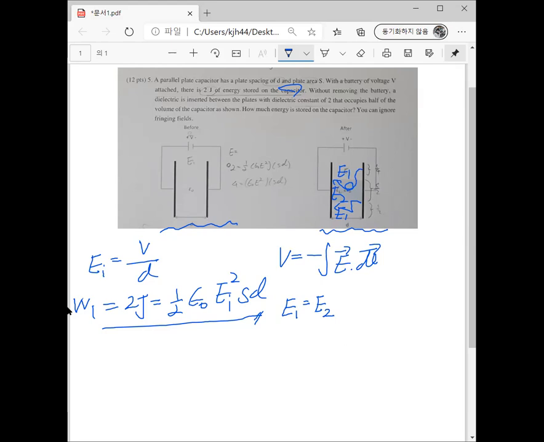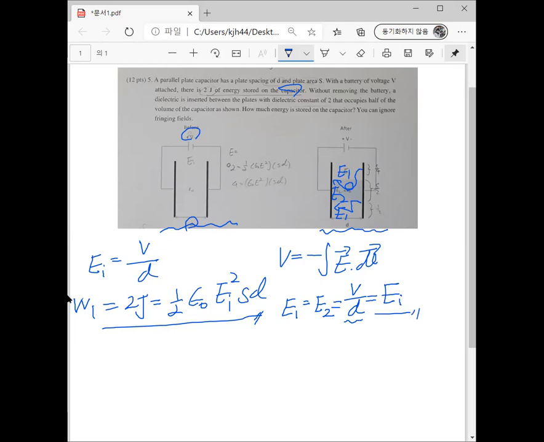And this value is voltage drop divided by the distance between the plates, because it's the general formula for the electric field between 2 capacitor plates. And because there's no change in voltage and distance between 2 plates, this will also be equivalent to the electric field in the initial state.